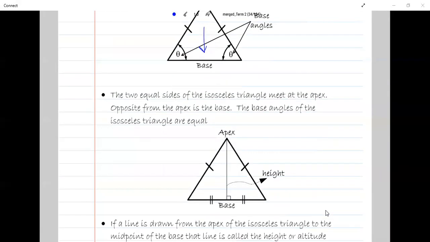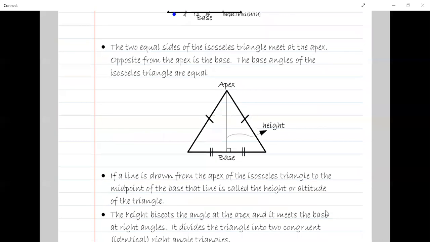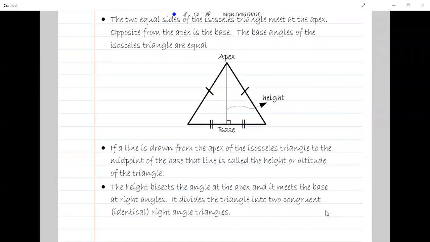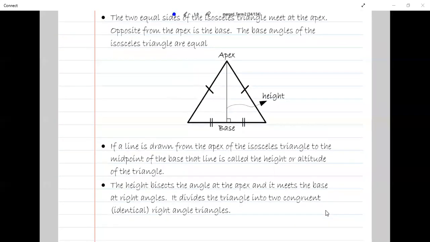Continuing. Now, this is what you need to know. If a line is drawn from the apex of the isosceles triangle to the midpoint of the base, that line is called the height or the altitude. So a line is drawn from the apex to the middle of the base. Middle of the base means that it divides the base into two equal halves.